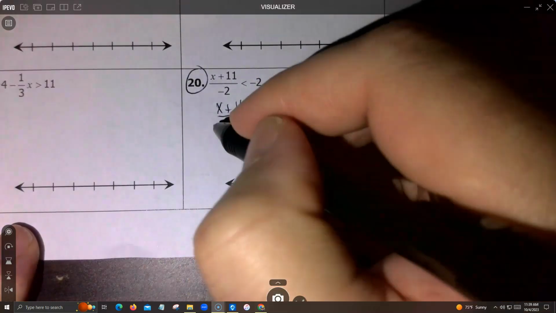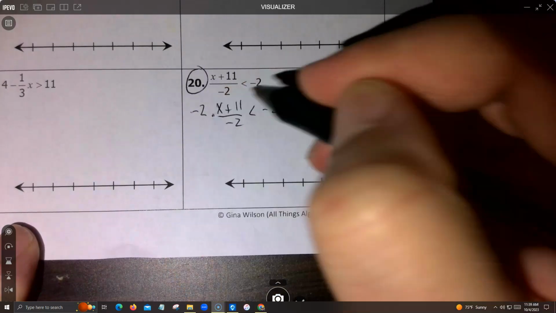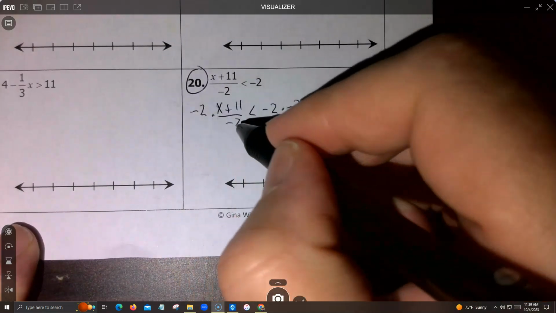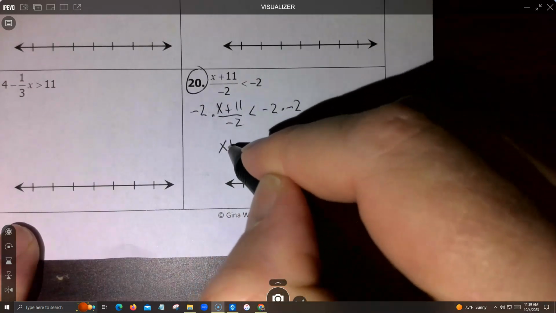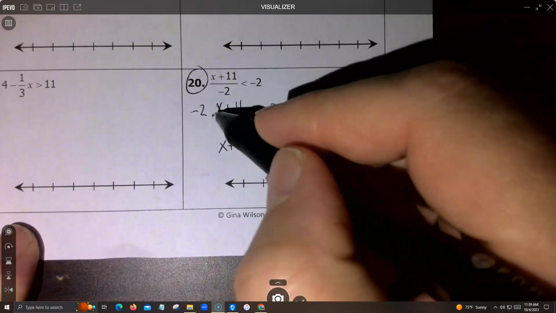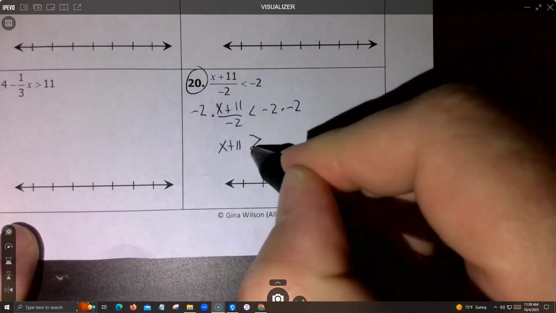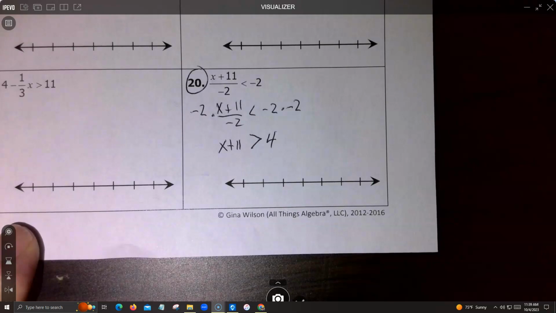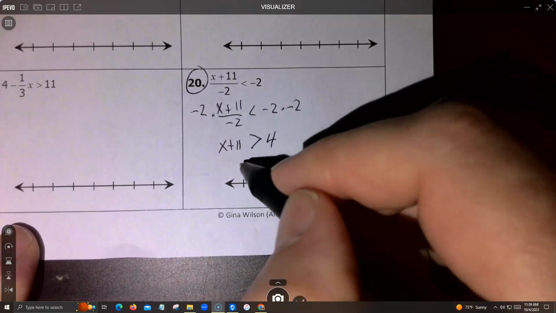So I have to multiply by negative 2 on both sides. Now that knocks the negative 2 out with this, and I get x plus 11. Now, because I multiply by a negative, this symbol has to change direction. And then this is 4, because negative 2 times negative 2 is 4. And then I subtract.